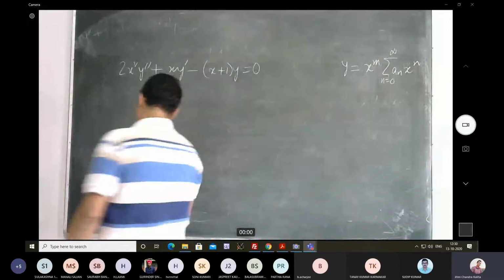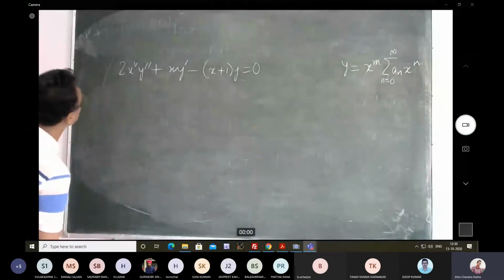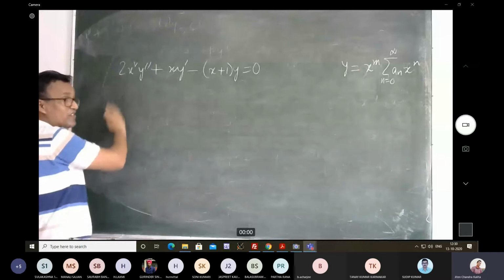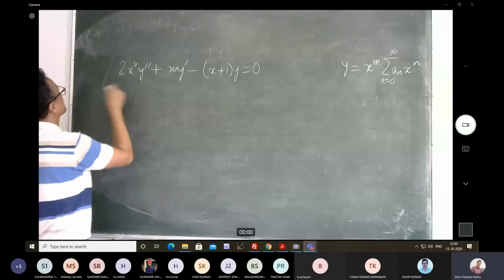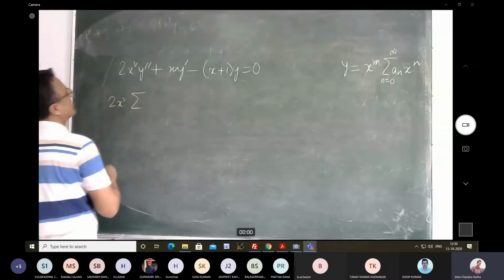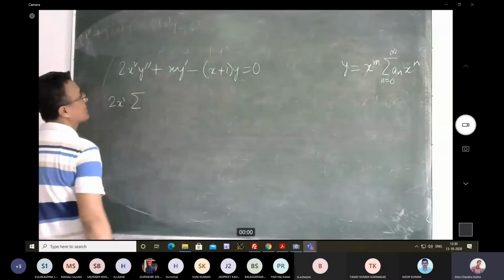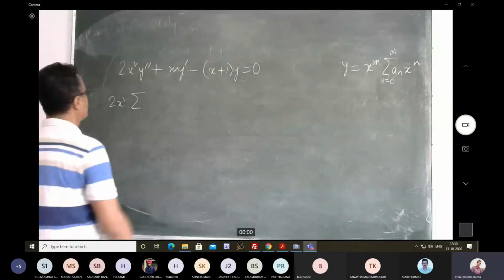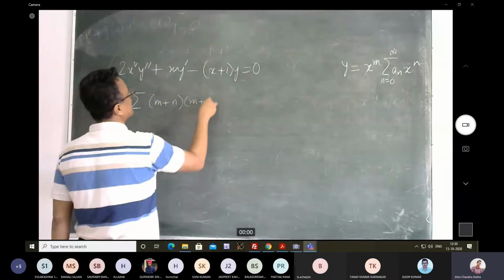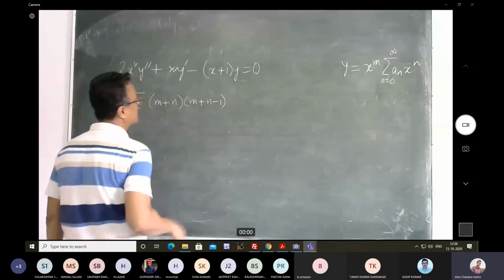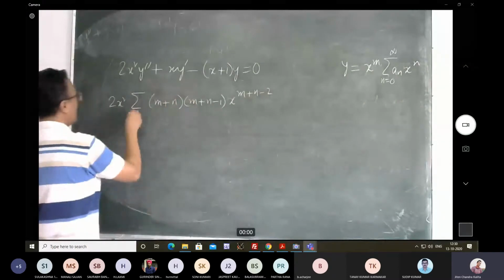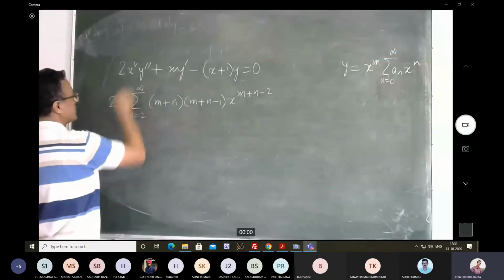Now, once I substitute it here, I'm going to erase it. I'm just going to ask you a silly question. This will be substituted with what? Because that becomes x to the power m plus n. So, m plus n, m plus n minus 1, then x to the power m plus n minus 2, right? And n goes from 0 to infinity, right?